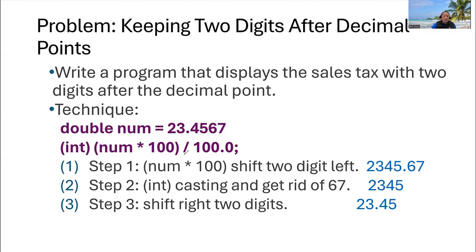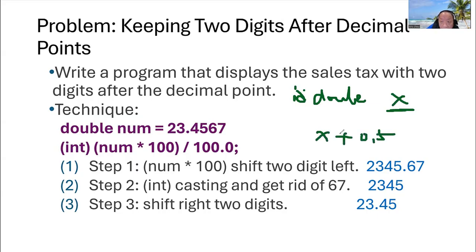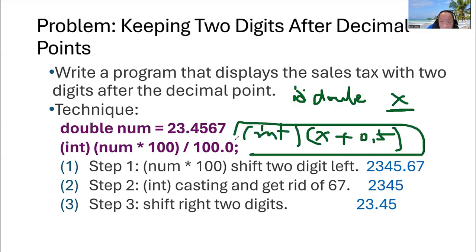But this rounding is truncation, okay? If you want to do rounding, you have a double x. You want to round it, you use x plus 0.5, then take quantization. This will give you the mathematical rounding.